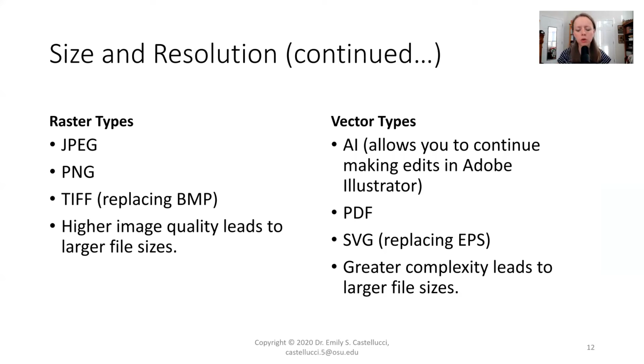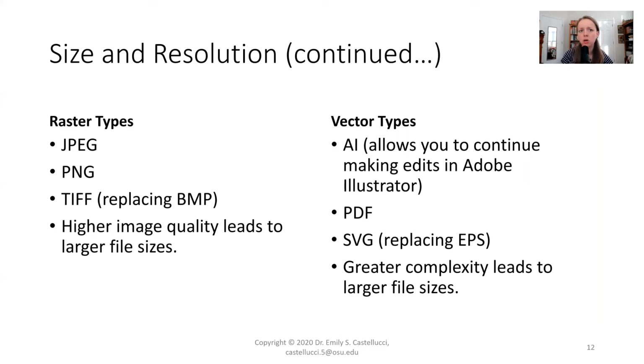So let's go over some of those export types like I mentioned previously. The export types are going to generally fall into two categories. We have raster types and we have vector types. Raster types include JPEGs, PNGs, TIFFs, which replace bitmaps. And when it comes to working with raster types, the higher the image quality leads to larger file sizes.